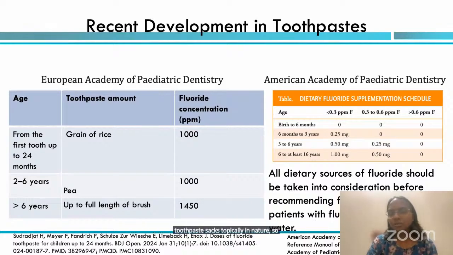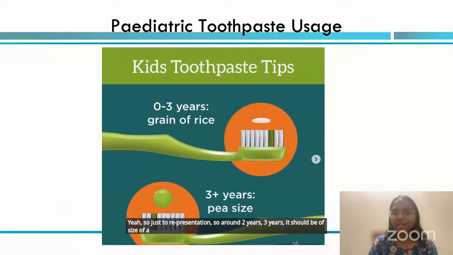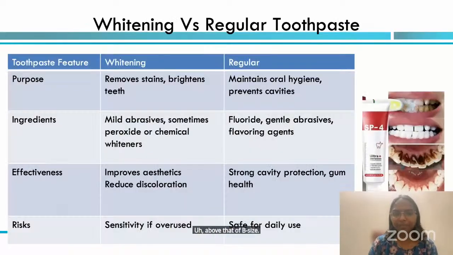So it is not toxic in nature per se. Just a representation: around 2 or 3 years, it should be the size of a rice grain, and above that, pea size.